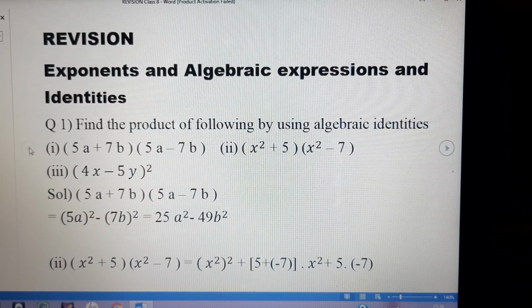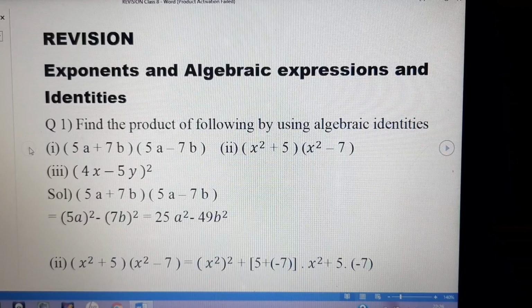Next part, it is (x square plus 5)(x square minus 7). Clear? So 7 is not a perfect square, so we cannot apply a square minus b square, and otherwise also we are not supposed to factorize. We have to multiply them and find the product. So we have the formula (x plus a)(x plus b).